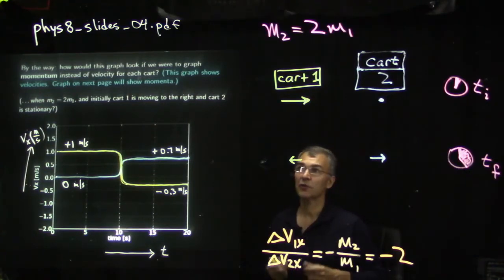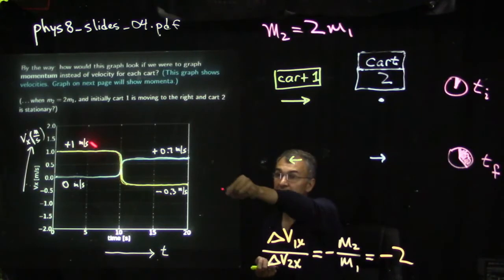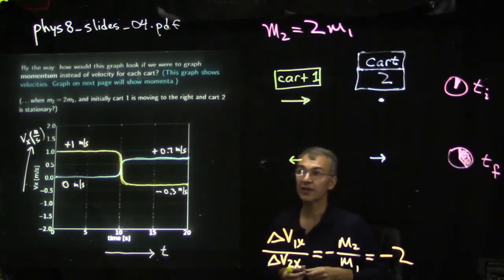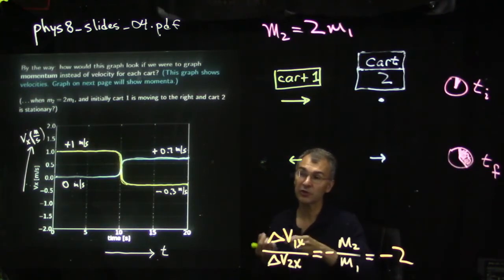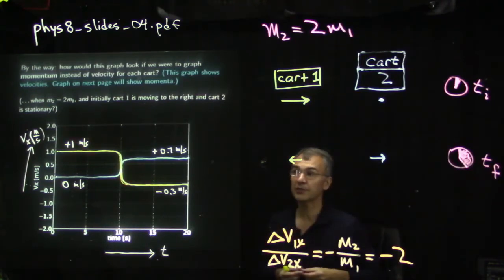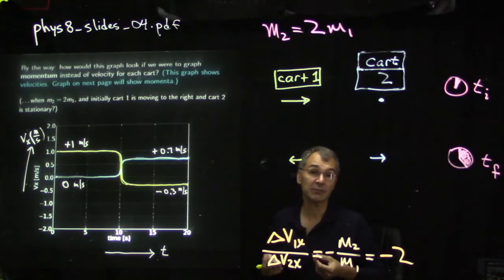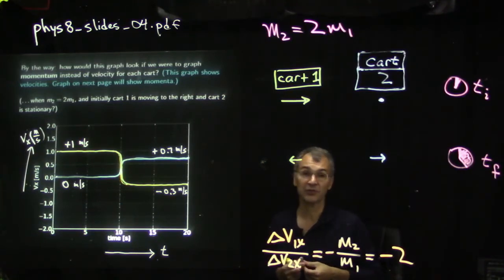Now, the question is, if we drew momentum on the vertical axis instead of velocity to describe this collision, would the yellow and blue curves have a ratio of changes that's different from 1, or would the change in momentum for the first cart be the same in magnitude as the change in momentum for the second cart?